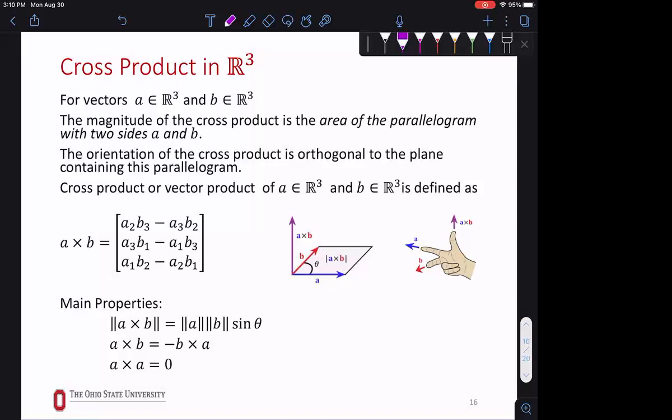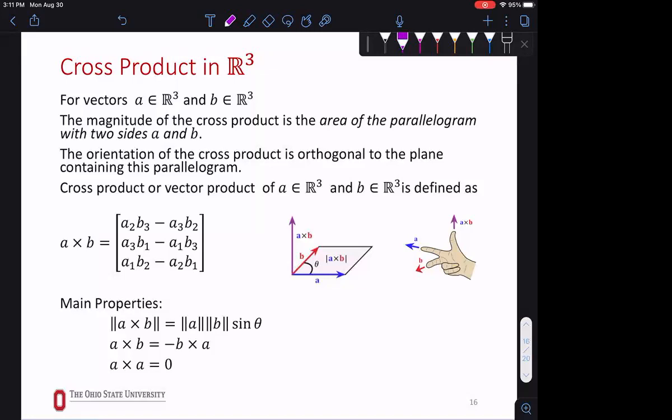A cross B, the product will always be perpendicular to the plane that they create. All right, so I want you to get comfortable with that. One side is remembering how to calculate it. The other is being able to recognize the direction of that vector.